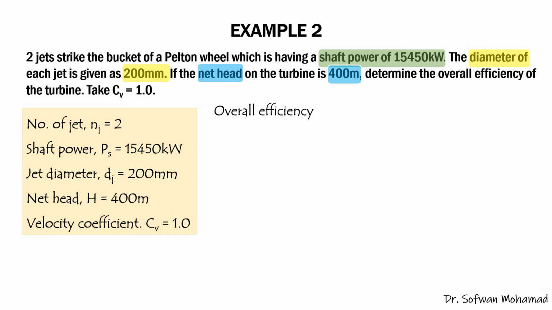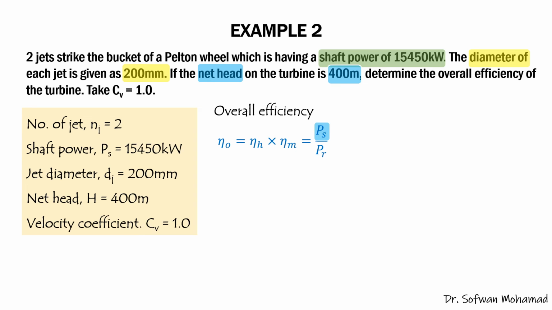So we need to calculate the overall efficiency. So let's take a look at the expression for overall efficiency. It's actually equal to the hydraulic efficiency multiplied by the mechanical efficiency, equal to power at shaft over power developed at the runner.